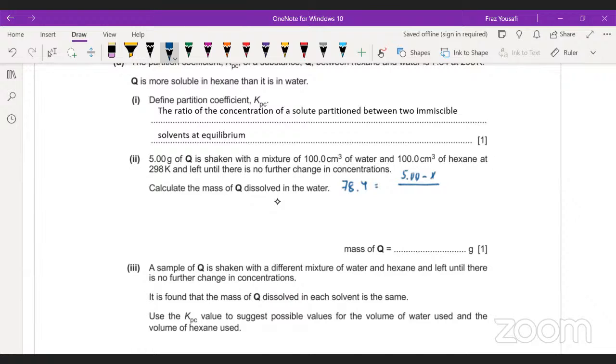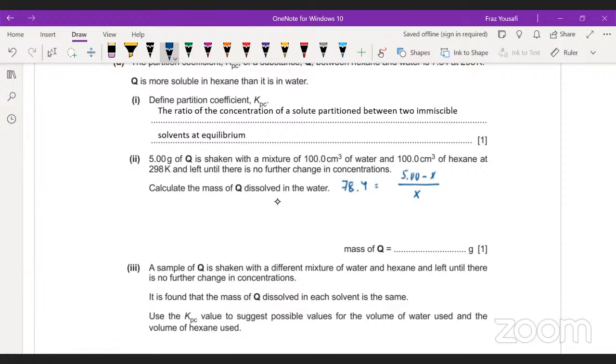You started off with 5, X is what has been decreased. You divide that by X, which would be the amount of solute left over in the aqueous solution. So the amount in the organic, 5 minus X, divided by the amount that would be left in the aqueous, which is X.